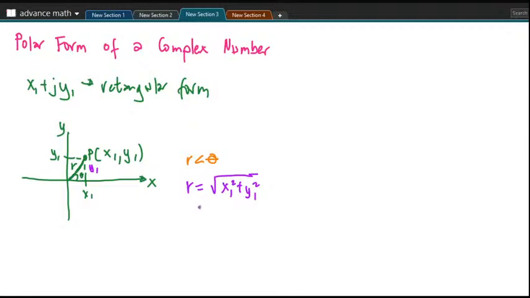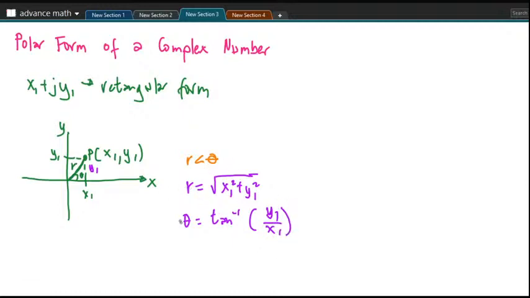Then solving for theta, involving our x sub 1 and y sub 1, that will be arctangent or inverse tangent, opposite over adjacent, so that will be y sub 1 over x sub 1.